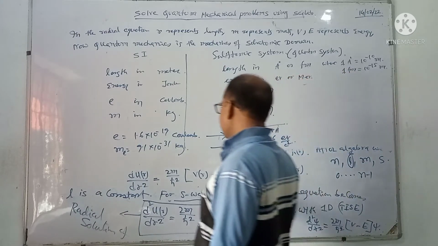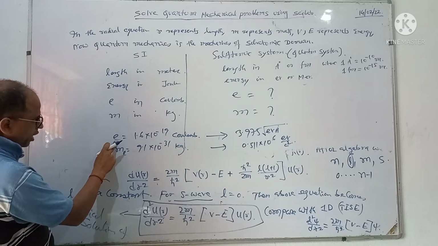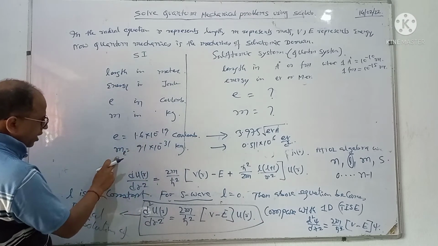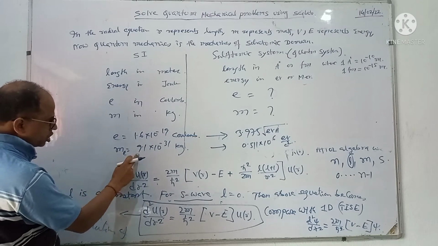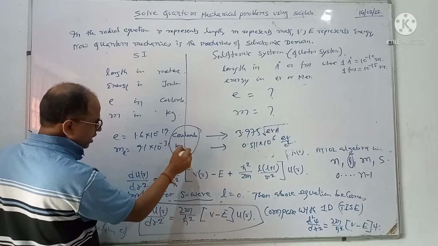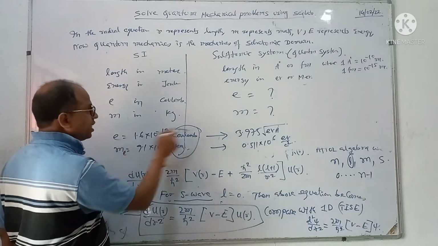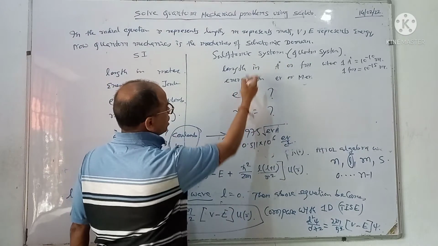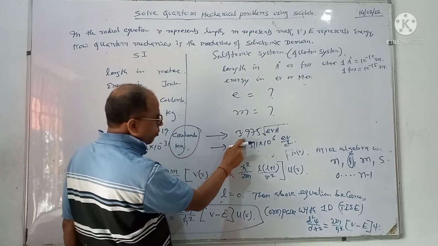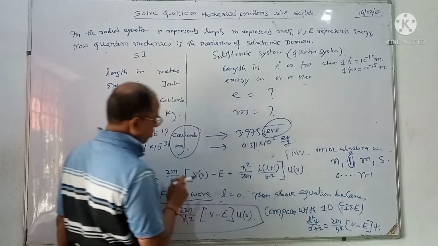I will show you. In SI system, we know electronic charge is 1.6 into 10 to the power minus 19 and mass of electron is 9.1 into 10 to the power minus 31 kg. Therefore, these are the SI system. Now, I will show you in our atomic system, subatomic level, E will be 3.97 electron volt angstrom.